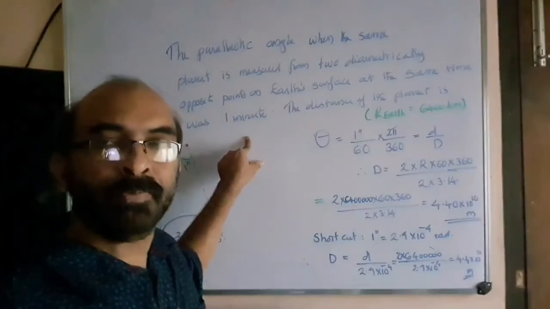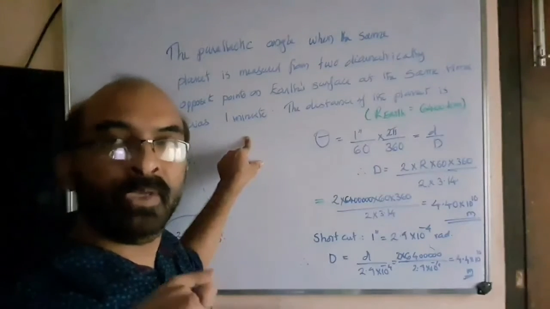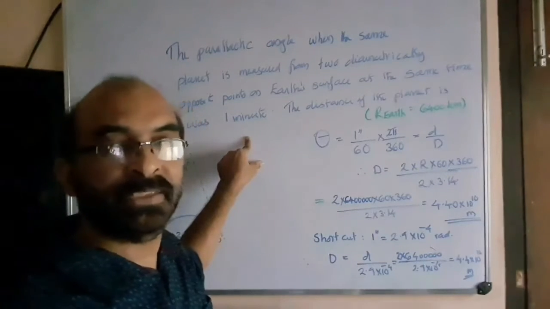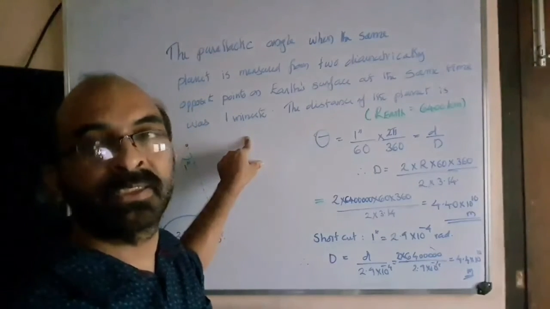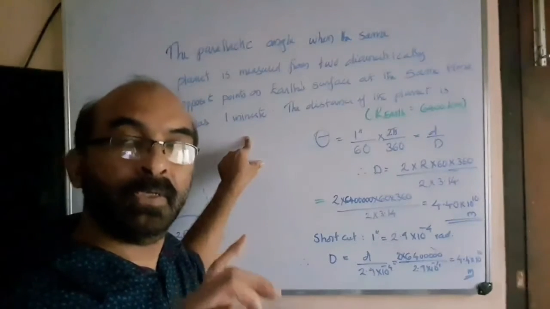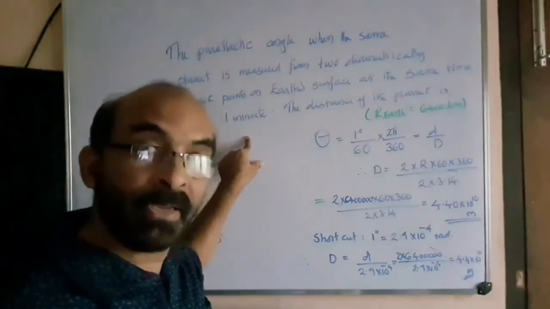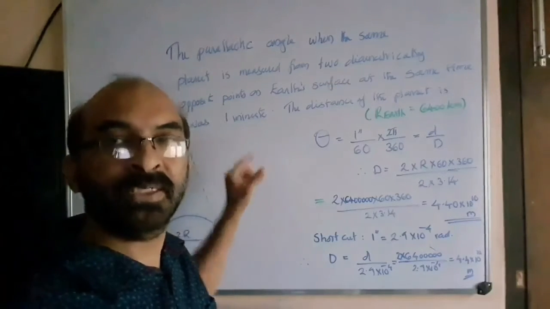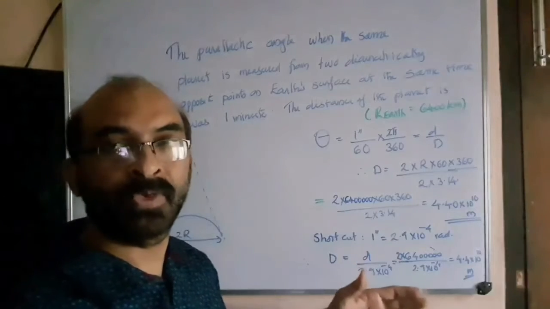In the previous problem, we were observing from the same point and the time changes. Time lags by 6 months. Here we are measuring at the same time from two different points. So there's a distance between the observation points here.